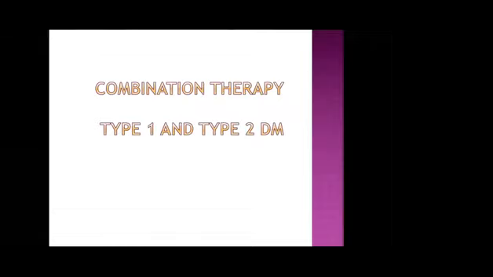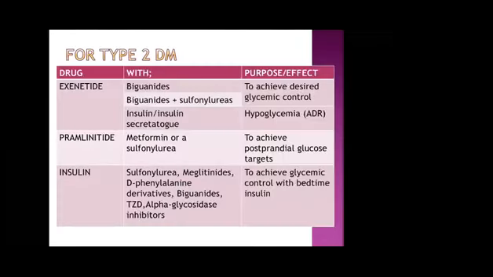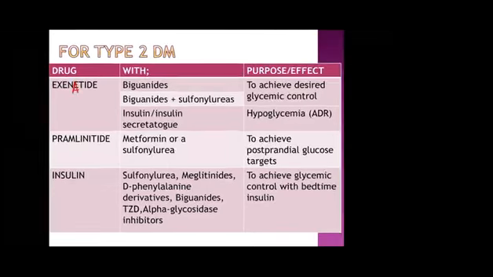So overall, tapos na tayo sa mga gamot. So dito tayo sa combination therapy in the management of type 1 and type 2 DM. So first for type 2. Actually, na-discuss na natin ang mga actions nila. So doon na lang tayo sa mga purpose or effect. Mali spelling ng exenatide. Okay, exenatide and pramlintide. Pakibura na lang.